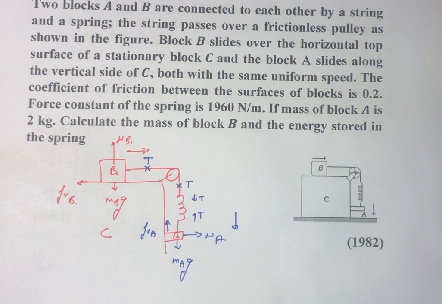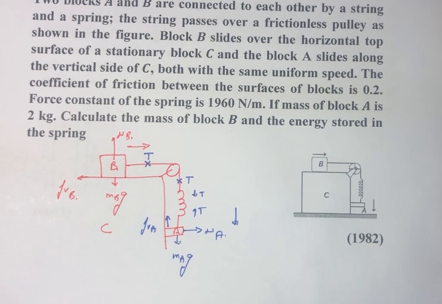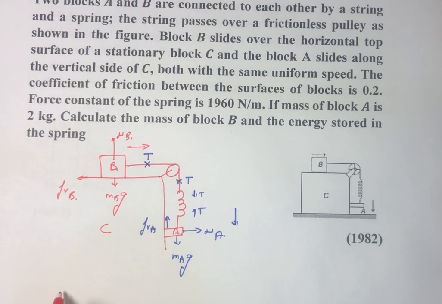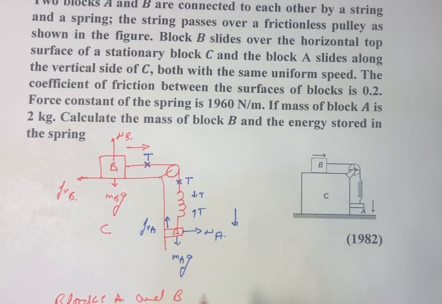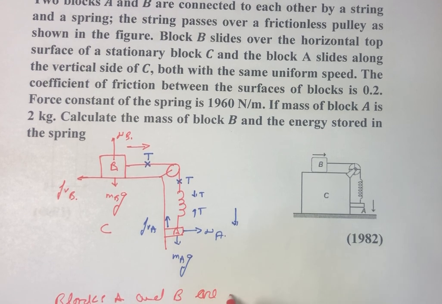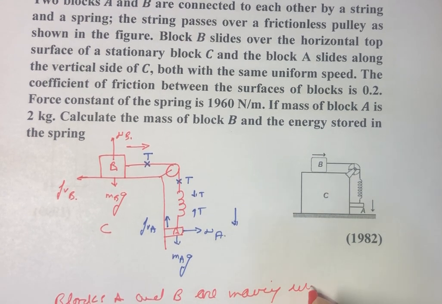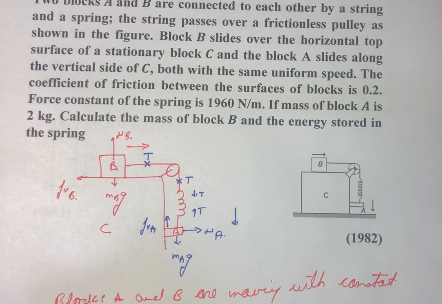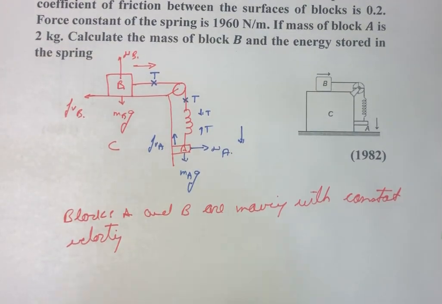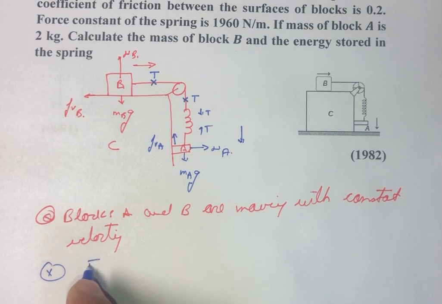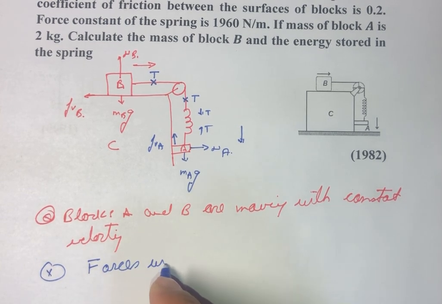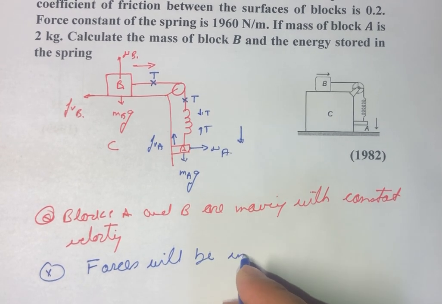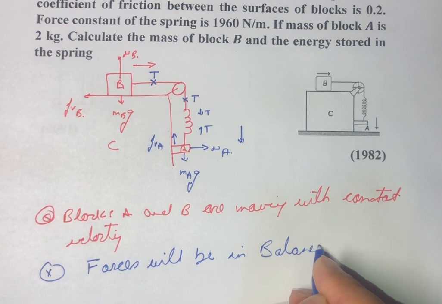So you can say blocks A and B are moving with constant velocity, therefore we can say that forces will be in balance as there is no accelerated motion.